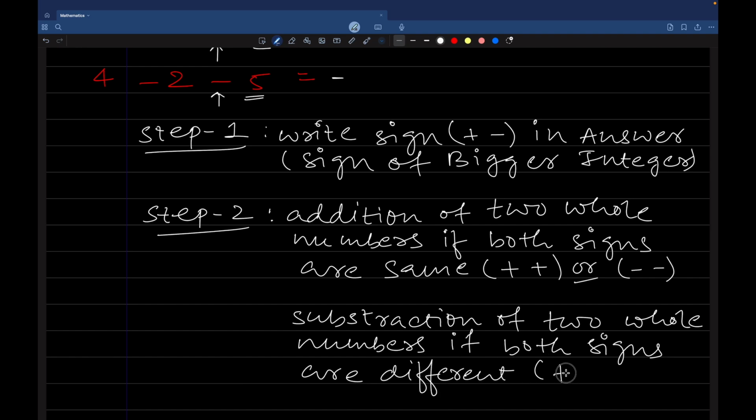It means if one is positive and another is negative, or one is negative and another is positive, then perform subtraction.